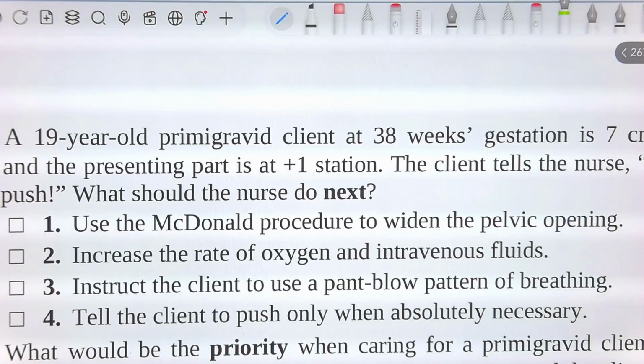Next question, 20th. A 19-year-old primary gravid client at 38 weeks of gestation is 7 centimeters dilated and the presenting part is at +1 station. The client tells the nurse, I need to push. What should the nurse do next?